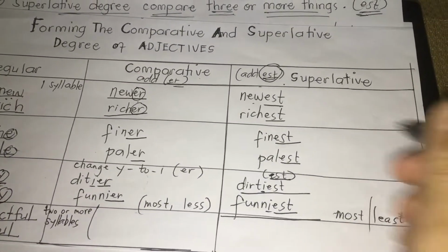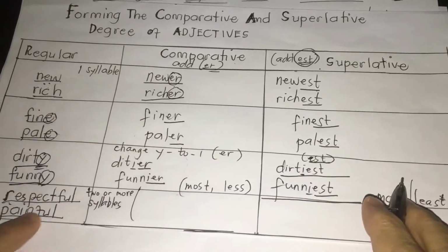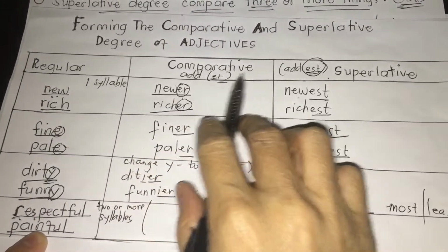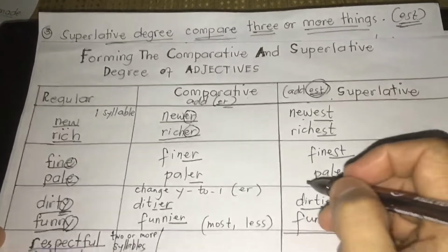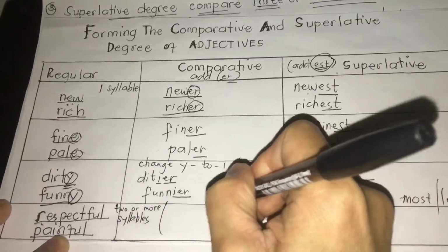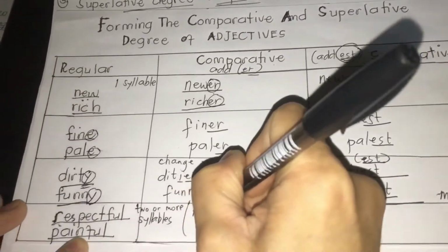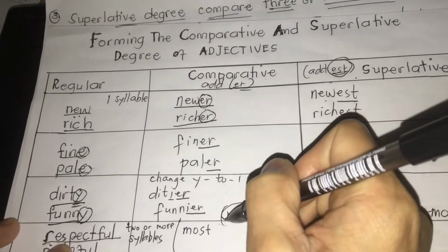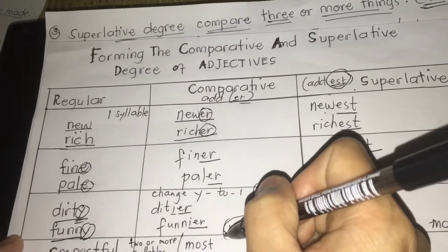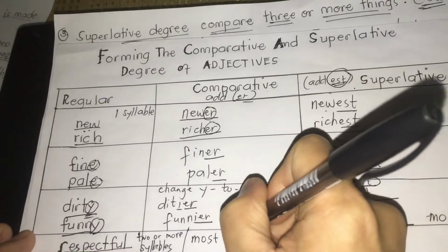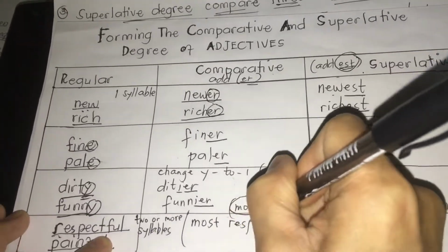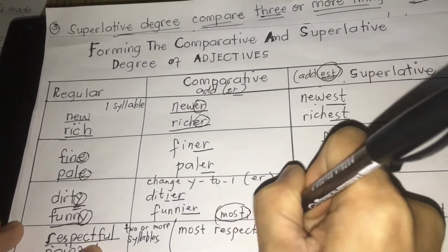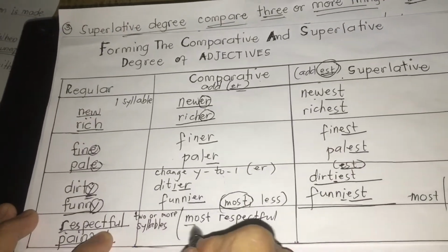Like that. Okay. From the words respectful and painful, in comparative form, class, all we have to do is to choose most. We're going to write most, then copy the positive degree. We have first respectful, most respectful.